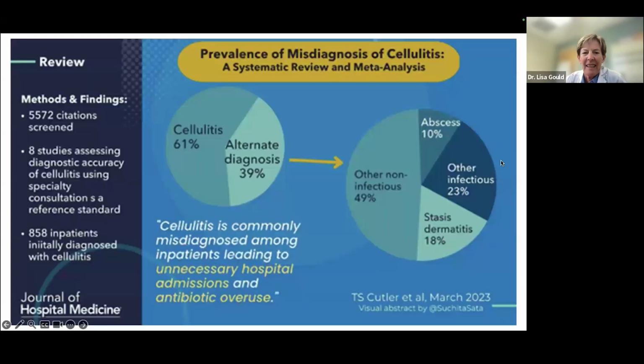Very good. So, we said that original article in 2011, that's old, right? But we're still having this problem. This was another article from Journal of Hospital Medicine, but it was from the dermatologists saying that they're having trouble. They have a hard time diagnosing cellulitis, and a lot of patients are being admitted to the hospital when they really don't have a cellulitis.